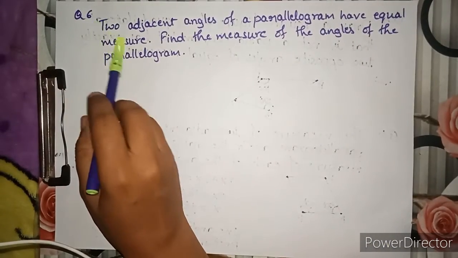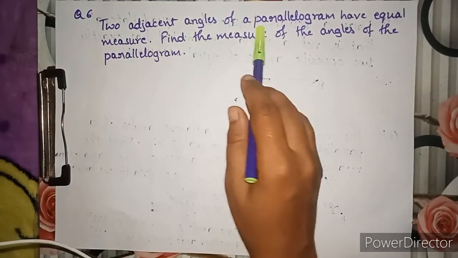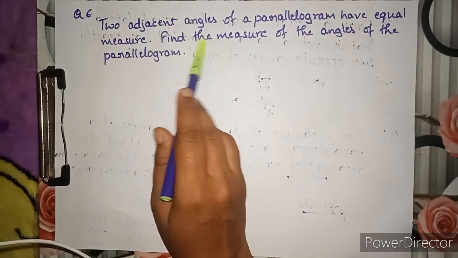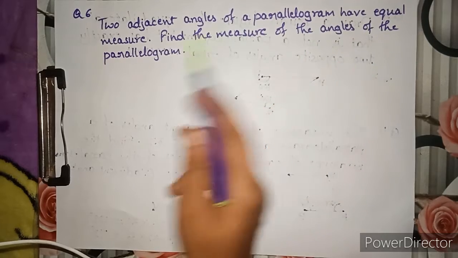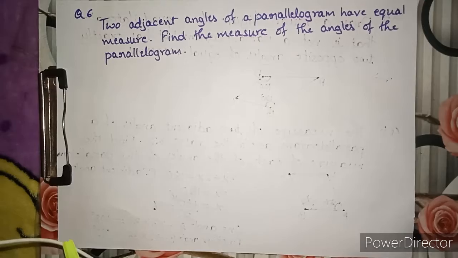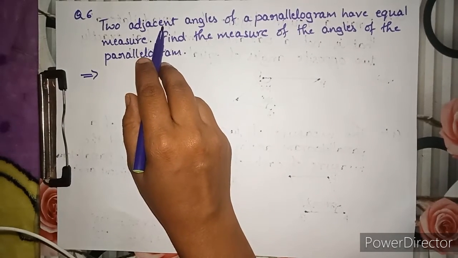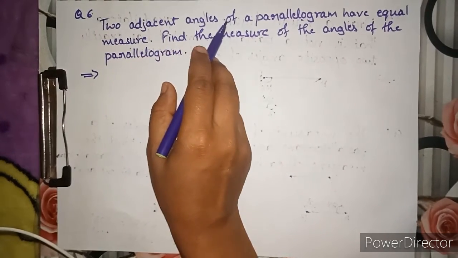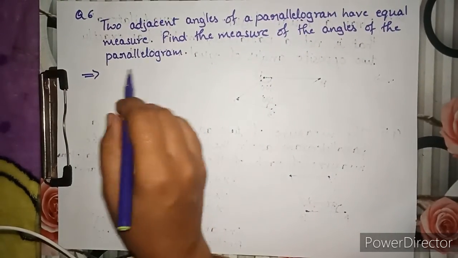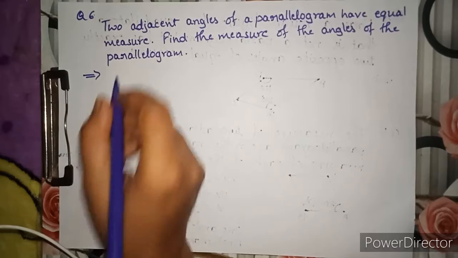Question number 6. Two adjacent angles of a parallelogram have equal measure. Find the measure of the angles of the parallelogram. Okay. Given is adjacent angles of a parallelogram have equal measures. Means adjacent angles are equal.